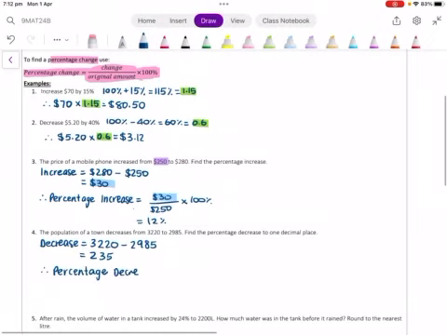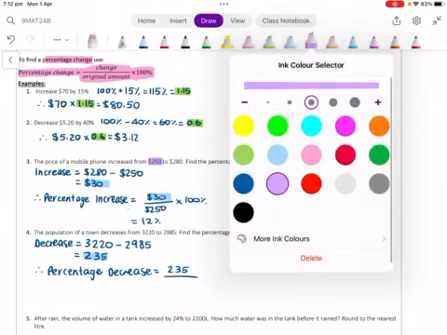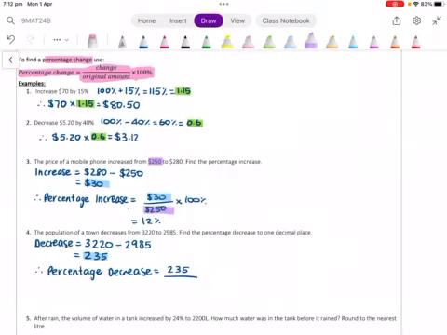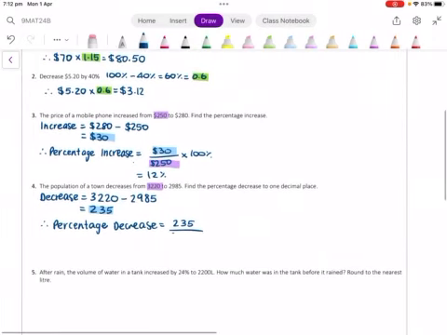Therefore our percentage decrease is equal to this change, which is 235 people it has decreased by, over our original amount, which is 3,220. And then we times by 100% in our calculators.